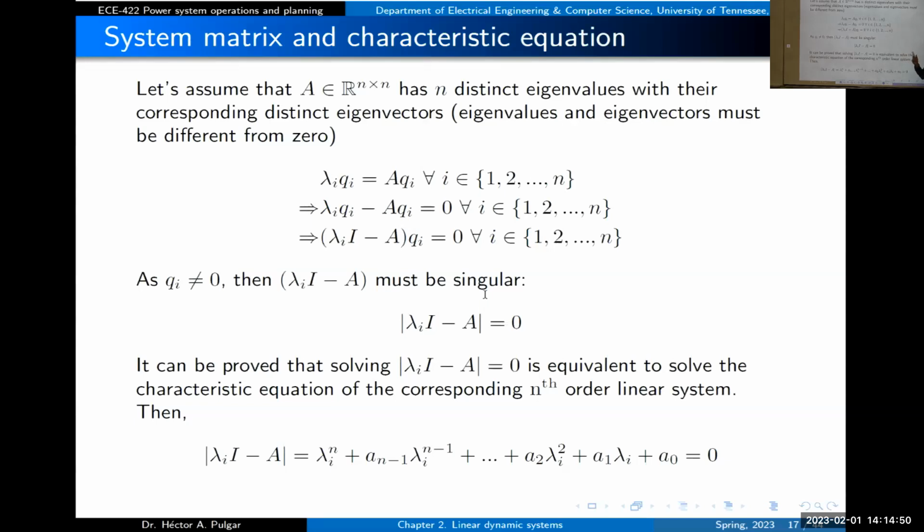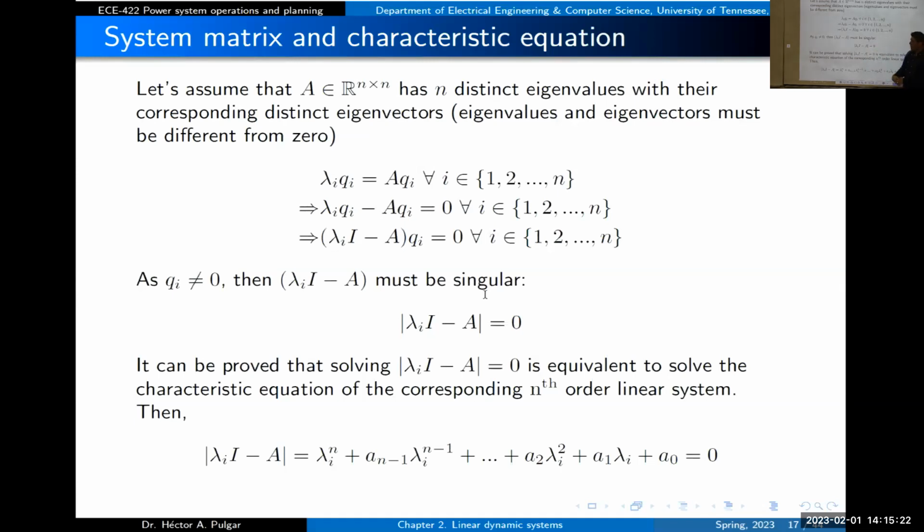Remember, for the RLC circuit, you memorized some second-order equation for that circuit. The coefficient of that second-order equation will correspond to the coefficient that you get in this characteristic equation. So that characteristic equation can be obtained using that n-order differential equation, or by solving this determinant and making the determinant equal to 0. You will get the same thing.